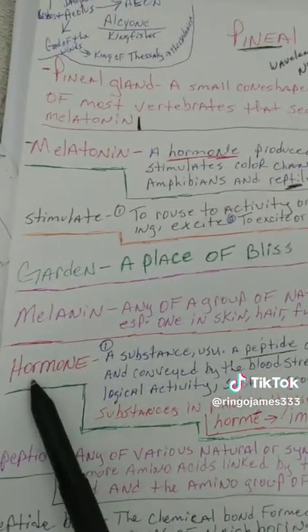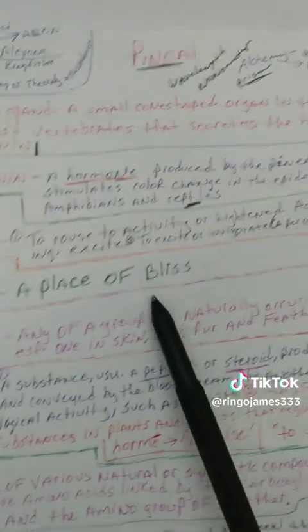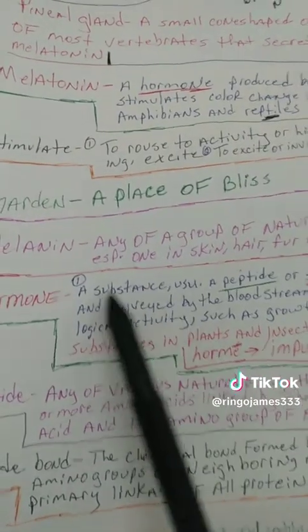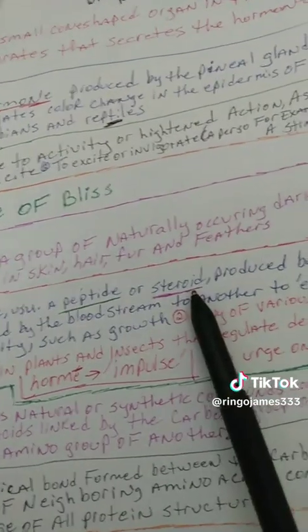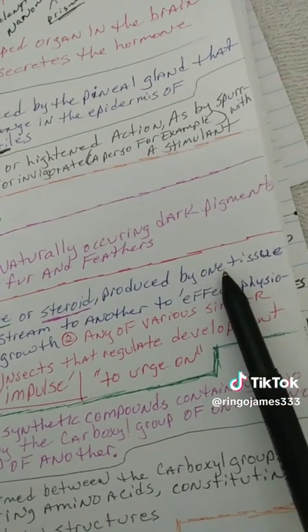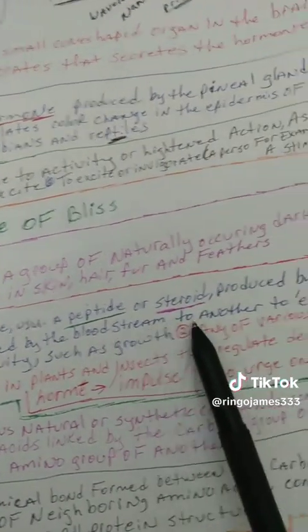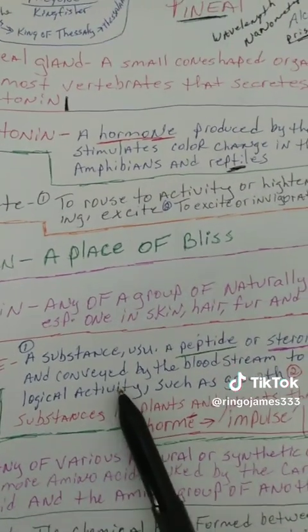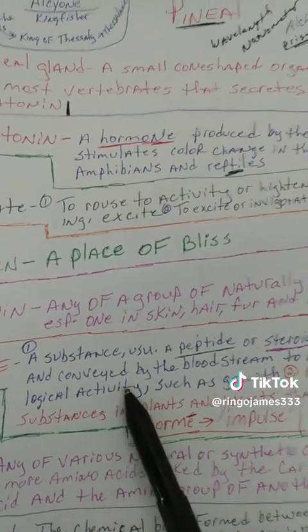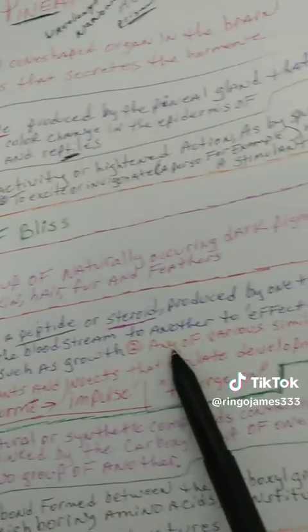So let's move on. What is a hormone? Let's break all this down. A substance, usually a peptide or steroid, produced by one tissue and conveyed by the bloodstream to another to effect physiological activity. It affects physiological activity, your color, such as growth, okay?